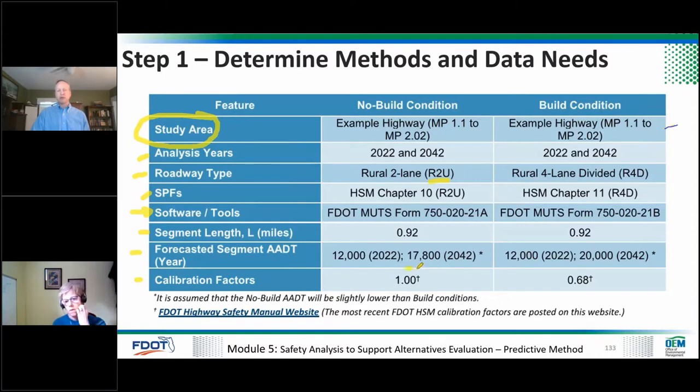Beth talked about how the build often involves a higher traffic volume, and that's the case here. We're predicting that on opening day it'll be the same, but by the end of the time horizon the volume will be different, and sometimes they're much different.